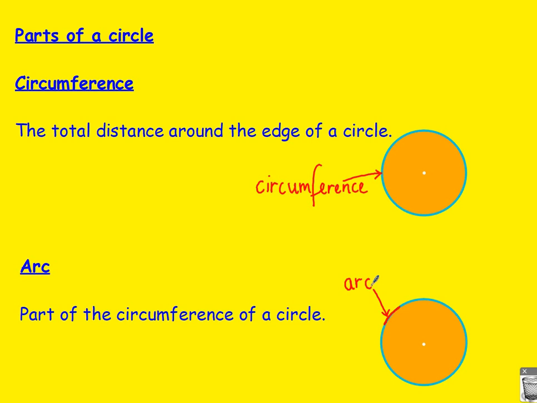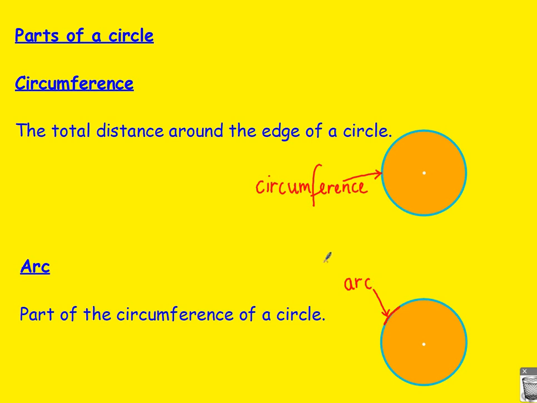Looking at that diagram, you might realise there are two arcs on the circumference, because we've got the smaller arc that I've marked in red, but there's also the longer arc in blue. Comparing those two arcs, they are referred to as a minor and major arc.